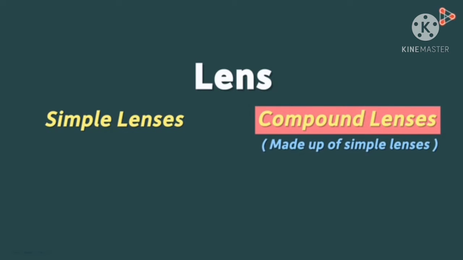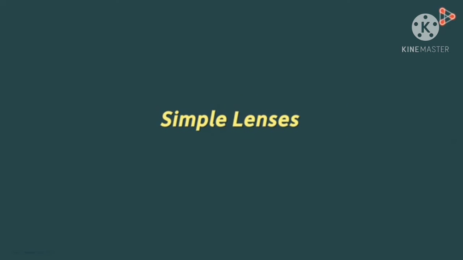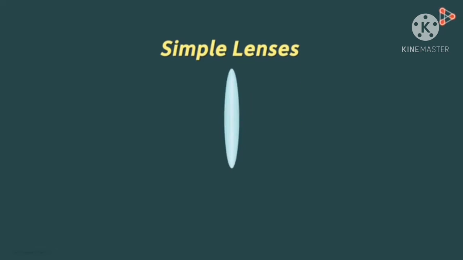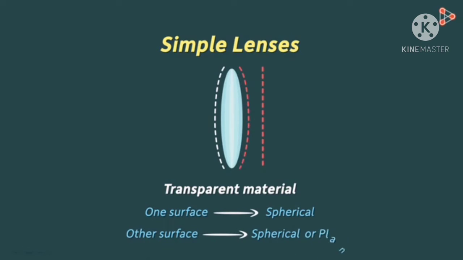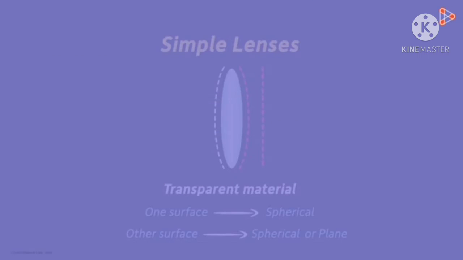We have two types of lens: simple lens and compound lens. We will see about the simple lens. A simple lens is made of transparent material and has two surfaces. One is a spherical surface and the other might be a spherical or a plane surface.